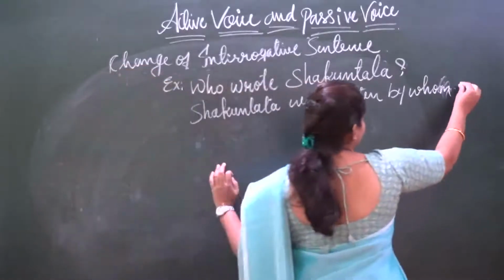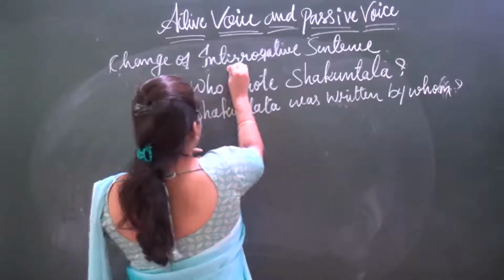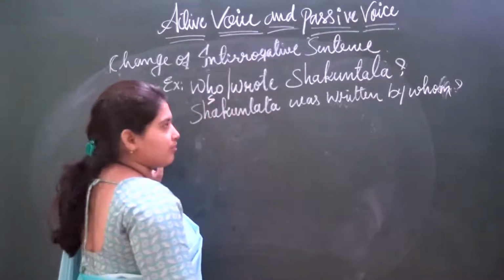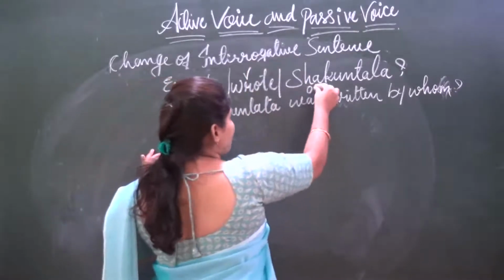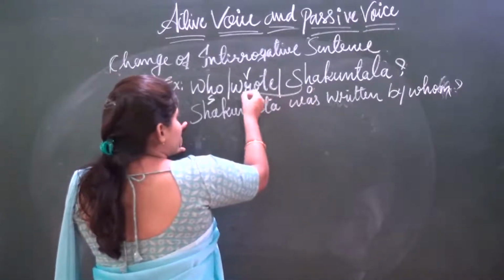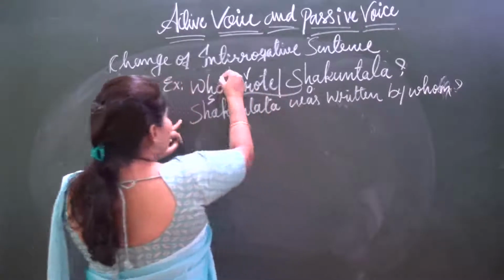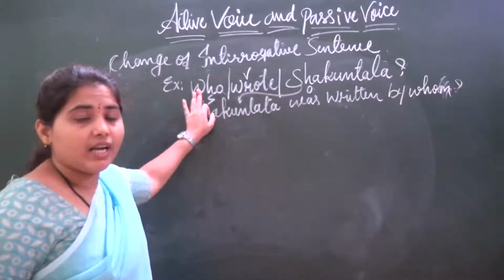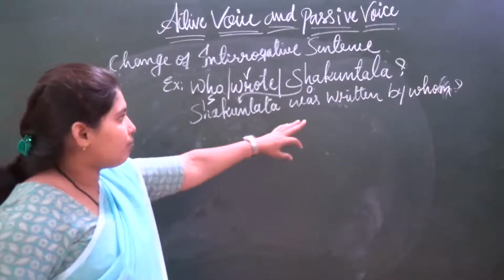Shakuntala was written by whom? Here, this is the subject, right? This is the verb and this is the object. Okay, so the object will change into the subject, and the subject will change into the object. Who will become whom? I have already given the table. Who becomes whom? Okay, by whom.